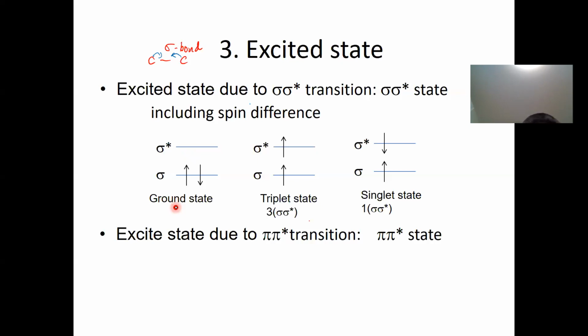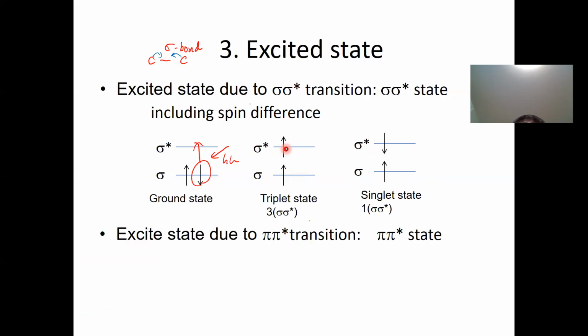When the light is illuminated, one of the electrons is excited and gets energy from light, going up to the higher energy level, which is the anti-bonding orbital. And then you have excited states like this one and this one. So one of the electrons is now in the anti-bonding orbital.